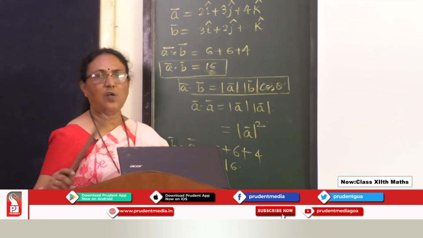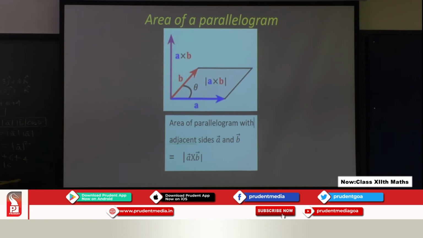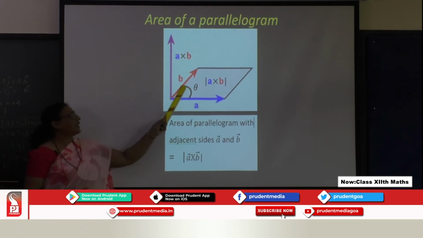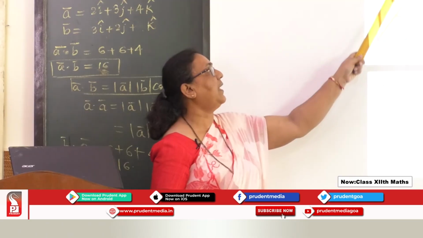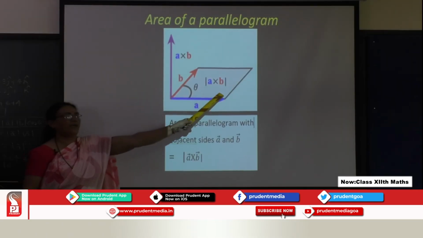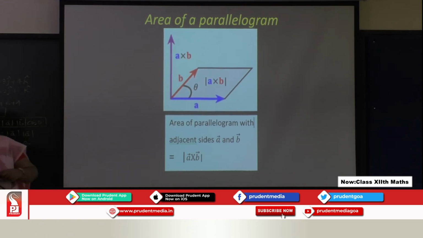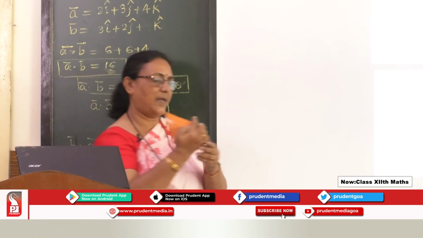Now the application of this cross product, what is the use of this? We can find the area of a parallelogram. If vector A is here and B here, we find the vector A cross B, find the magnitude of that vector, and that is the area of the parallelogram. Now see here, this is a parallelogram.